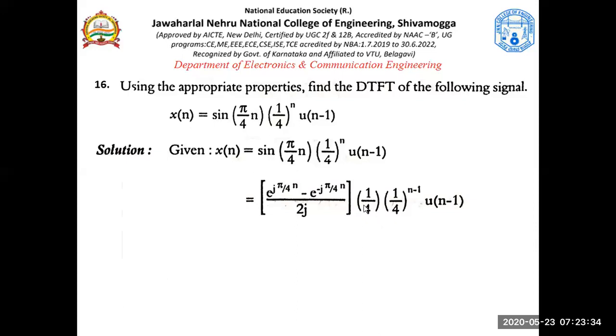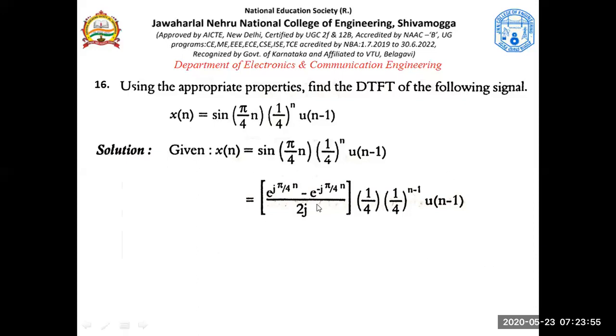Now keep these two out and multiply these exponentials along with the signal. So let's not bother. We are having a big equation, but it boils down to a simple thing if you understand the properties. It's quite a simple one.